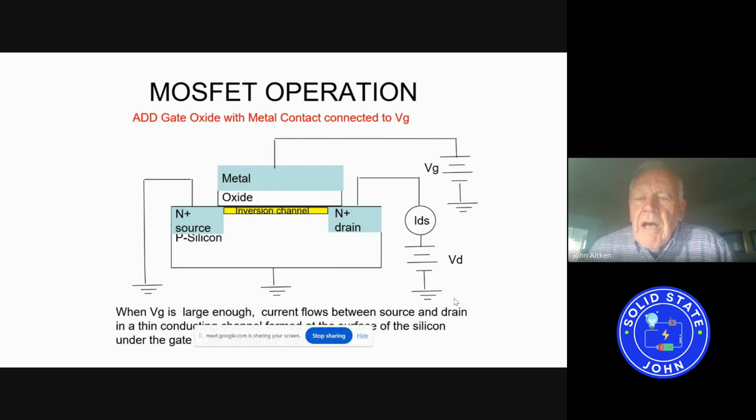The voltage VG is applied to the metal and forms the inversion channel. And that inversion channel can link, in a low resistance state, the source to the drain, and a current will flow.